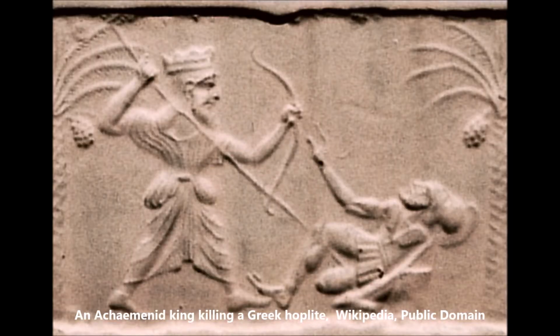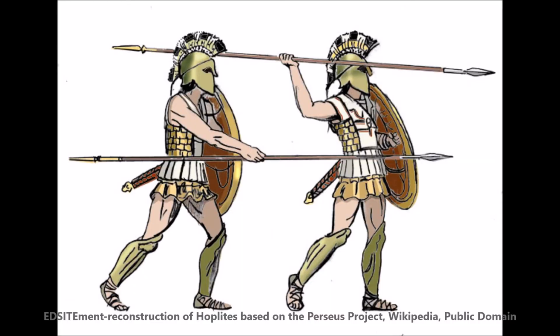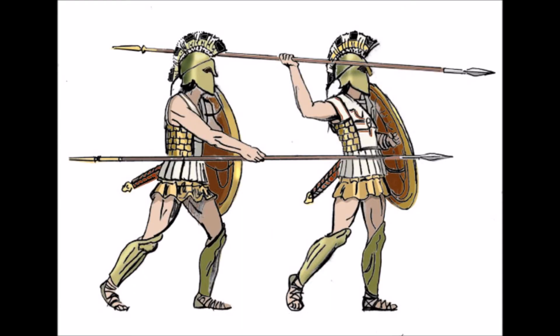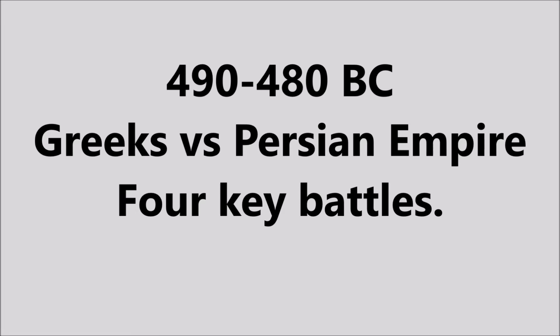These lasted from 490 BC until around 469 or 466 BC, and saw many city-states fight together, including Athens and Sparta. A series of battles were fought during this period that have gone down as amongst the most famous battles in European history.